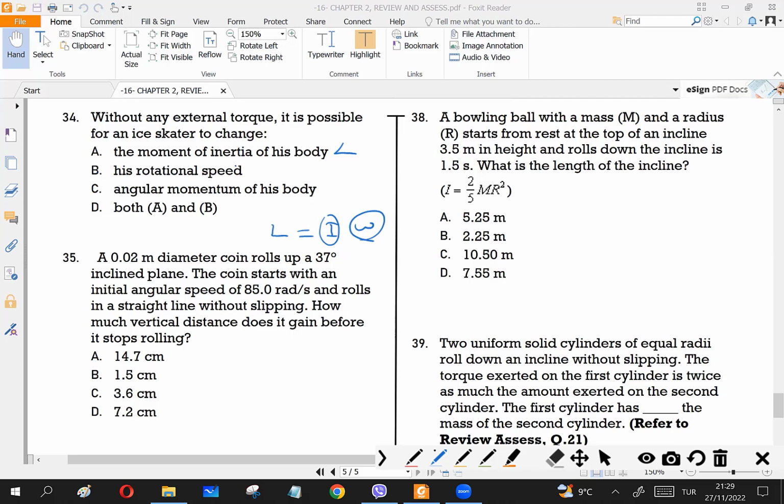So this is also possible. Angular momentum of his body is impossible to change, because angular momentum only changes by external torque. The question says without external torque, angular momentum is conserved, and it cannot change. So in this case, A and B are correct, so D is the correct answer. Then 35.